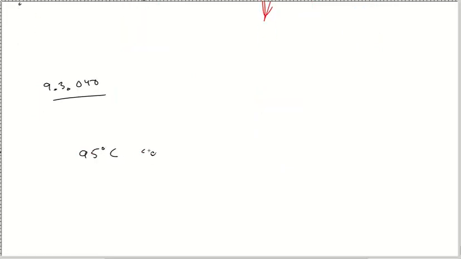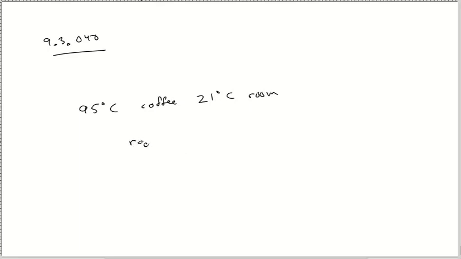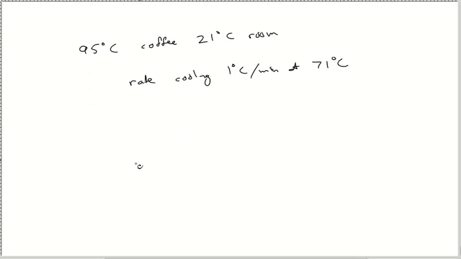93040. This is a silly problem. 95 degrees Celsius for coffee. Cup of coffee sitting in a room that's 21 degrees Celsius in the room. Okay, awesome. It has a rate of cooling at 1 degree per minute at 71 degrees Celsius. Doesn't this sound so familiar?